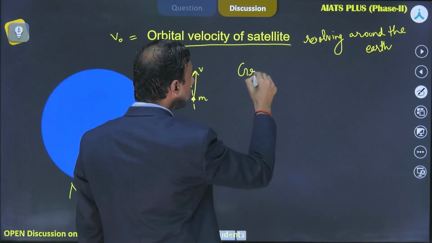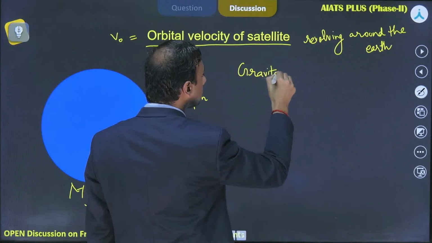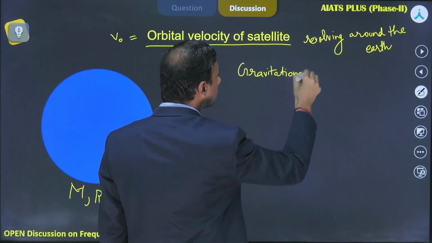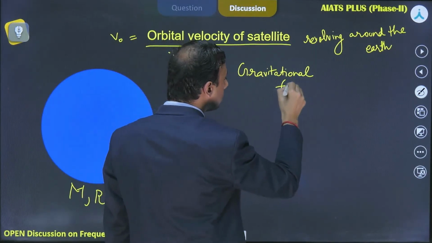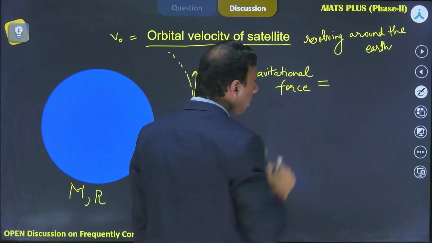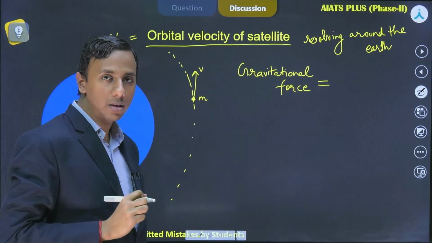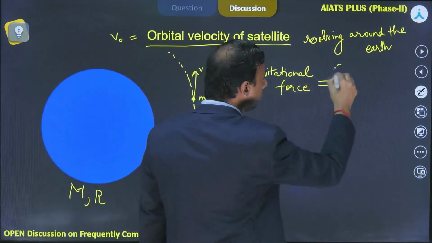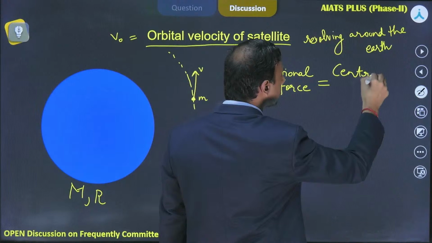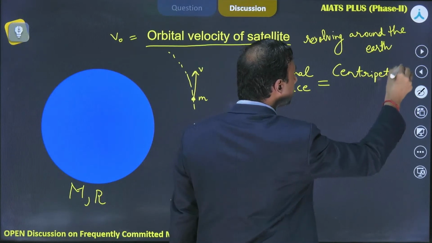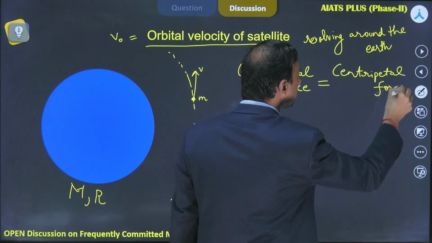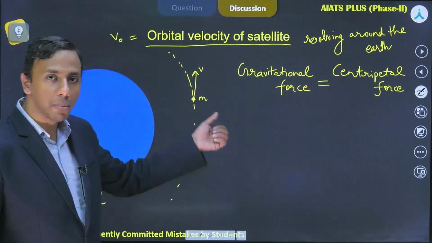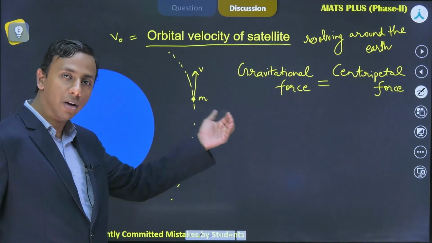The forces are namely gravitational force, and I will also tell you the value of that escape speed when it escapes. Okay, so gravitational force has to be equal to centripetal force, right? Gravitational force acting on the mass, same formula, G m1 m2 by R square.